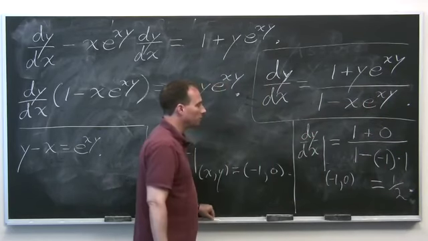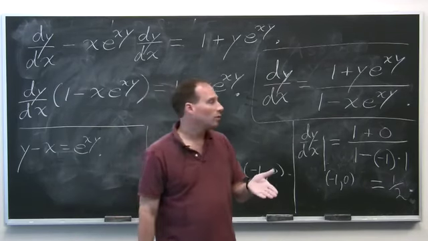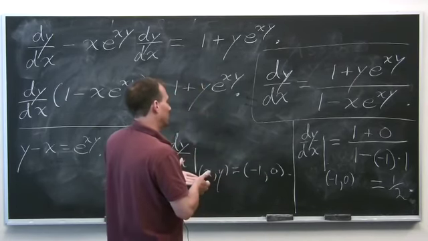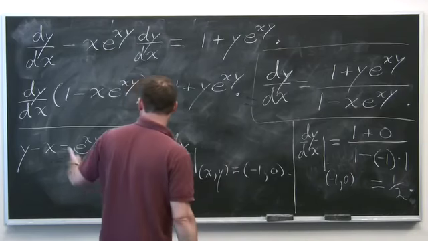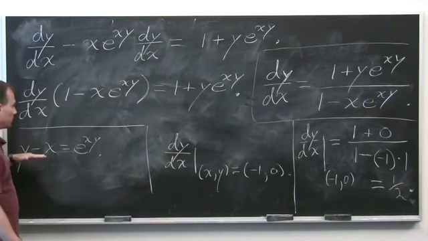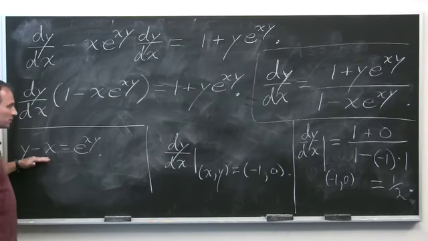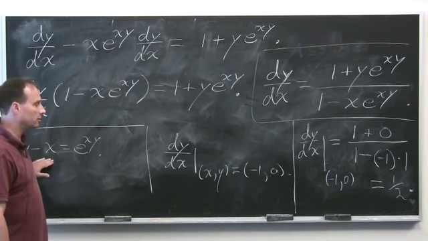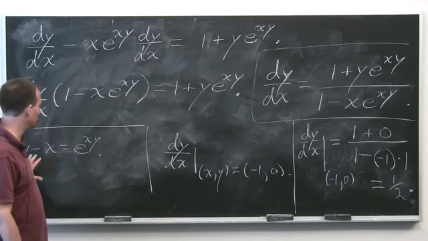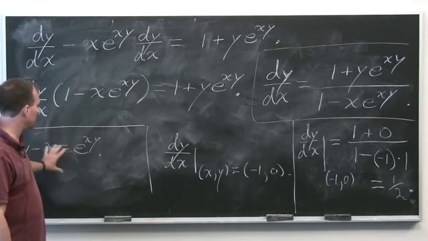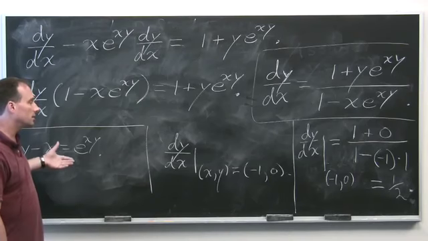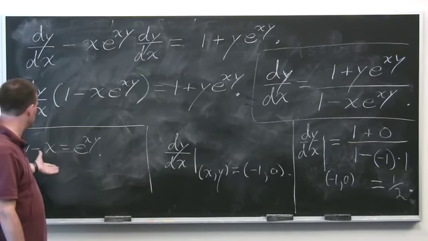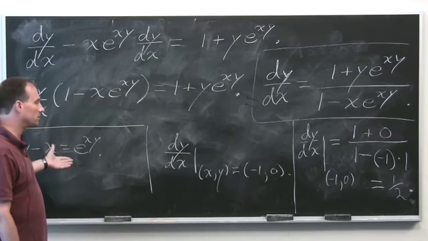So that's the derivative of y with respect to x, a half. What does that mean? It means, yes, if you assume that this defines y as a function of x near the point -1, 0, which does satisfy this equation, then dy dx there is plus a half.